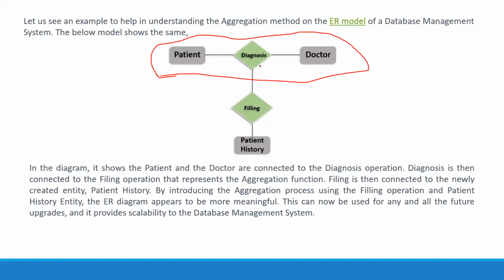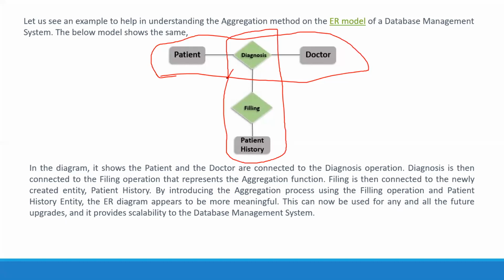When he is a new patient, the doctor wants to ask some questions and note down the history. So when this relation is joined with this, then it makes sense.